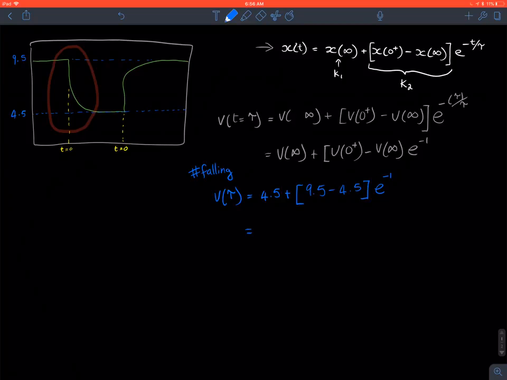So I'm throwing this in Wolfram Alpha, 4.5 plus 9.5 minus 4.5. I cannot type this morning. My brain is not working quite right yet. So I get about 6.33 volts. So that's your falling state.